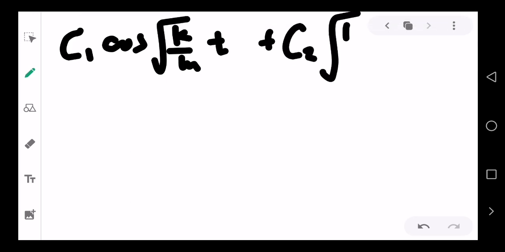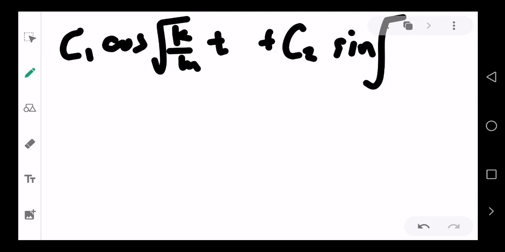For example, C1 cosine of square root of k over m times t plus C2 sine of square root of k over m times t, where this t is some time after we exerted an acceleration.